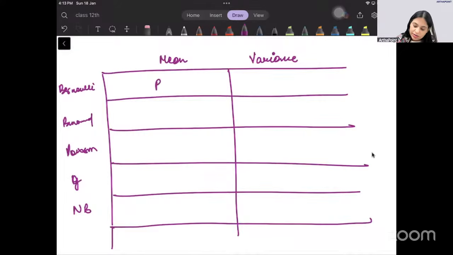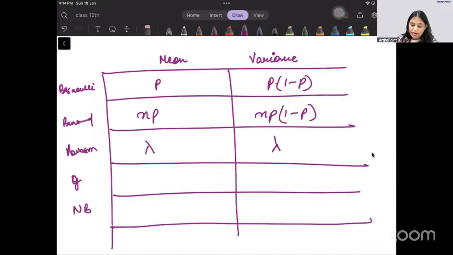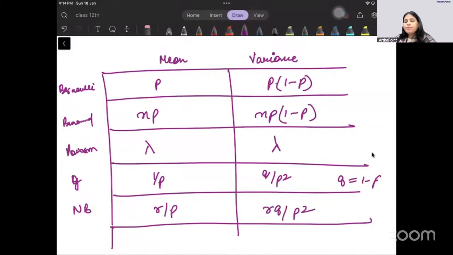So p into 1 minus p. np, n into p into 1 minus p. Lambda. 1 by p, q by p square. q is nothing but 1 minus p. And for negative binomial, r by p and r q by p square.